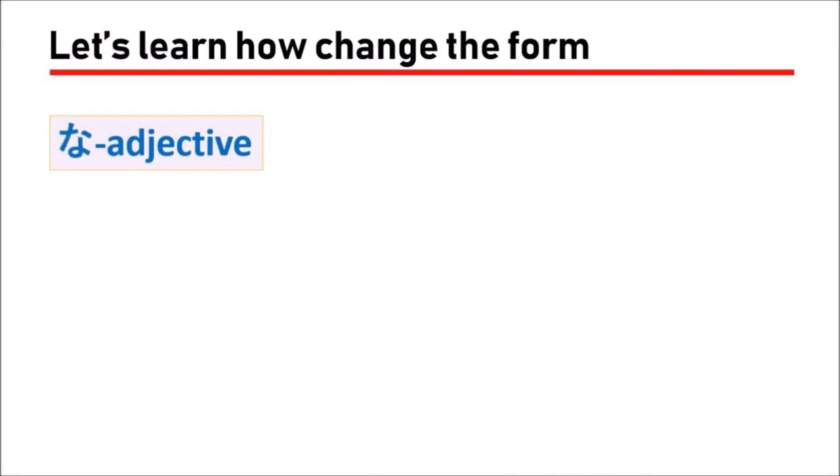The next example, we are going to learn how to change a na-adjective to the te form and use the grammar Temo kamawanai. Here we have the na-adjective shizuka. When we change to de, we get shizuka de.